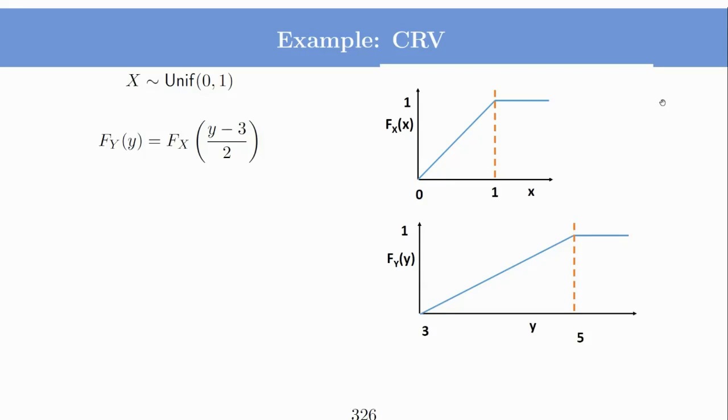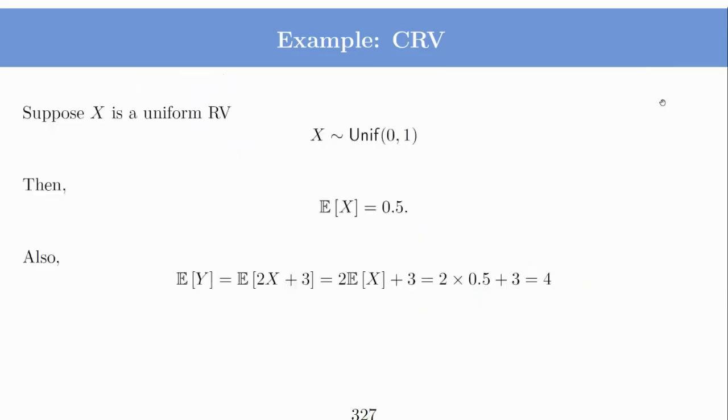If the distance covered is increasing in a straight line, it means the derivative is constant. Because this is constant, its derivative, which is the density, is constant, which means it's a uniform random variable. If the density is constant in the interval, it is uniform in that interval. So for a uniform random variable, the expectation is given by the midpoint of the interval. Here the interval is 3 to 5, so the midpoint would be 4, which is the same as before.